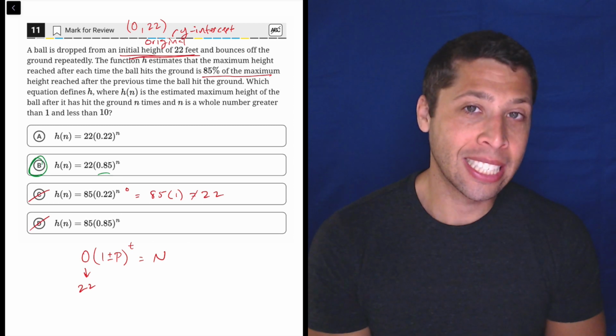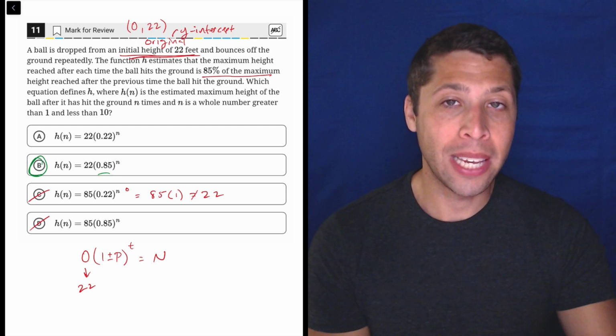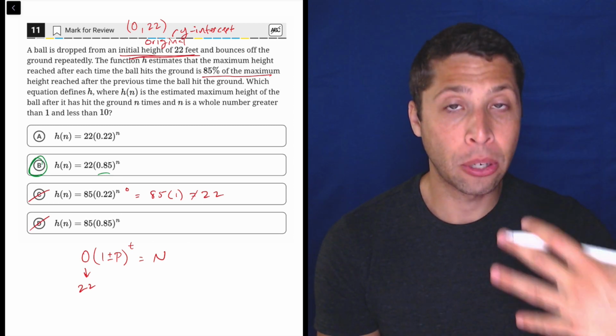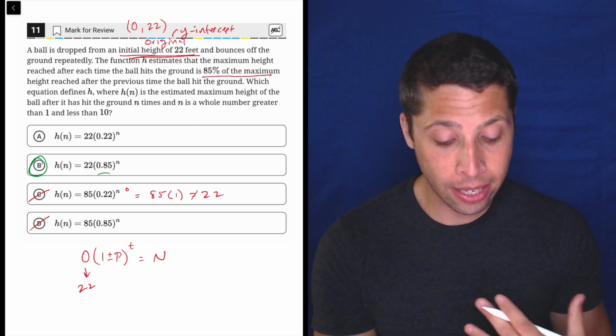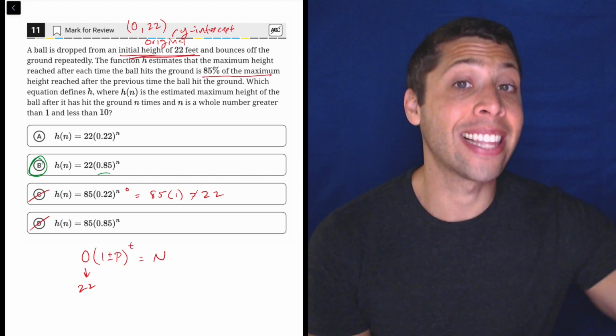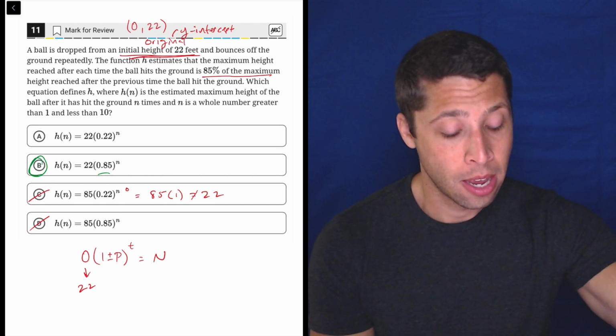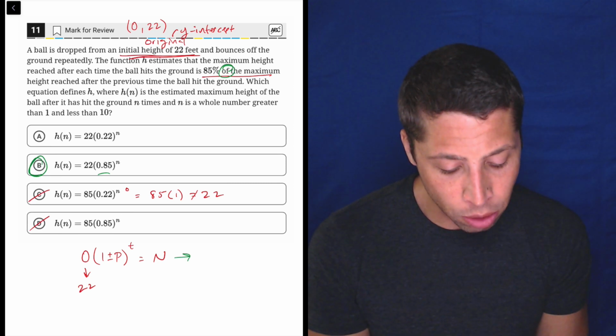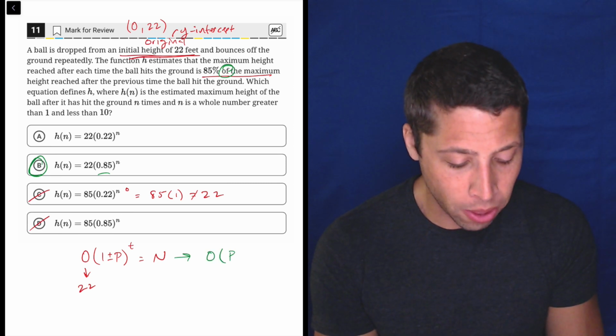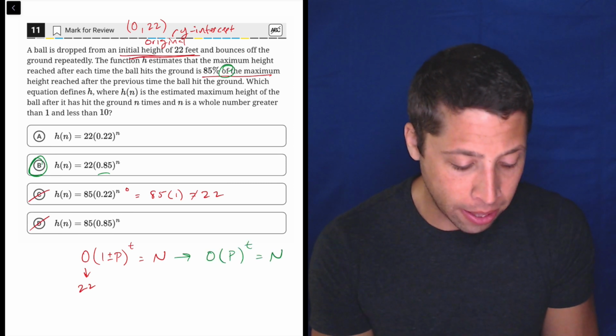Now, the reason this is slightly different from the formula that I gave you at the beginning is they're presenting the percentage not as a change in percentage. It's not like it's saying it's 85% less than the previous height. It's 85% of the previous height. So the change that we should make to our formula for that reason is going to be this.